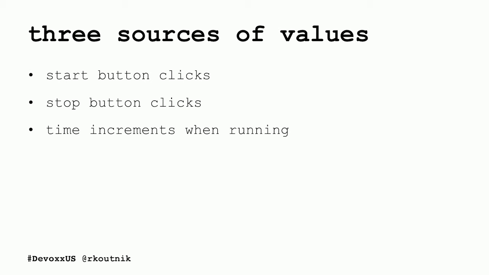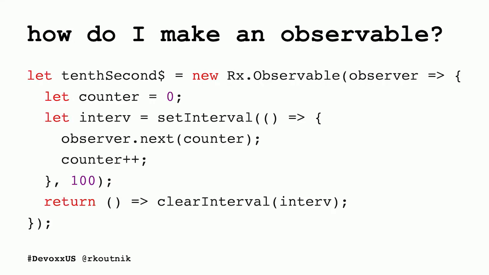If you've never used a stopwatch before, you press start, it keeps track of how many seconds have happened since you pressed start. And when you press stop, it stops. Nothing fancy there.